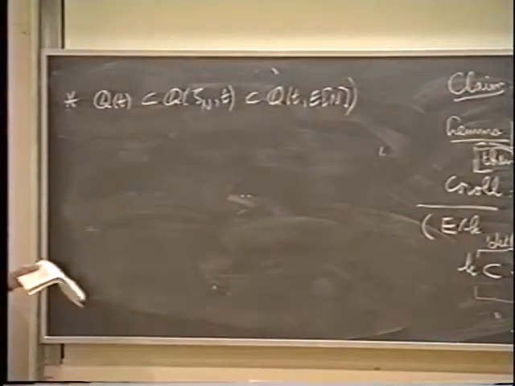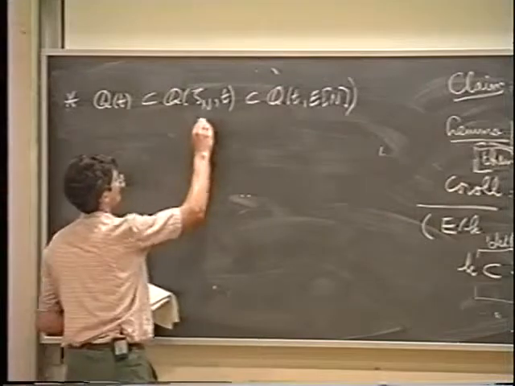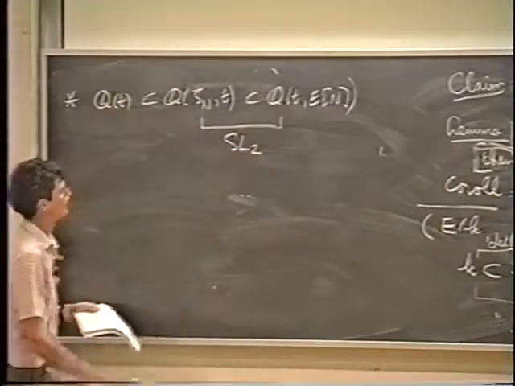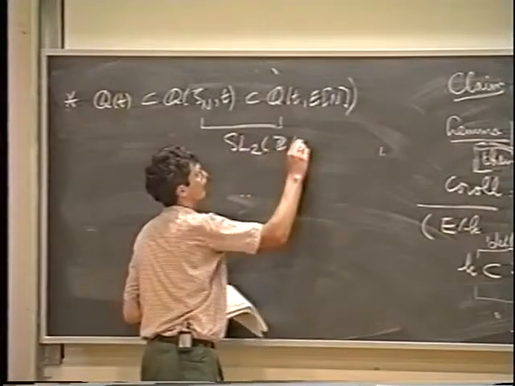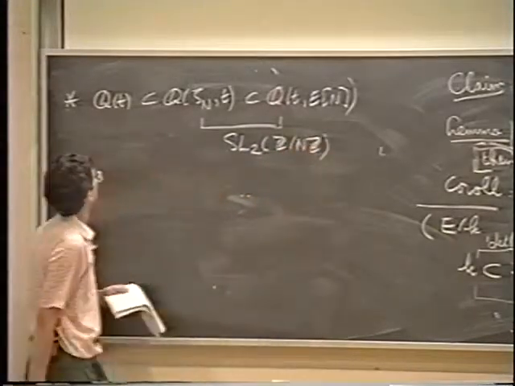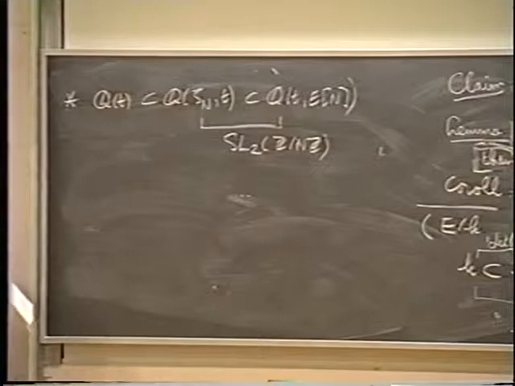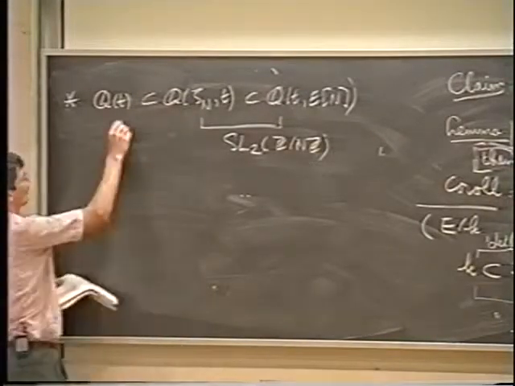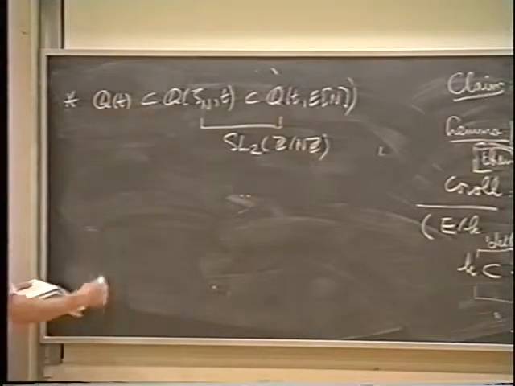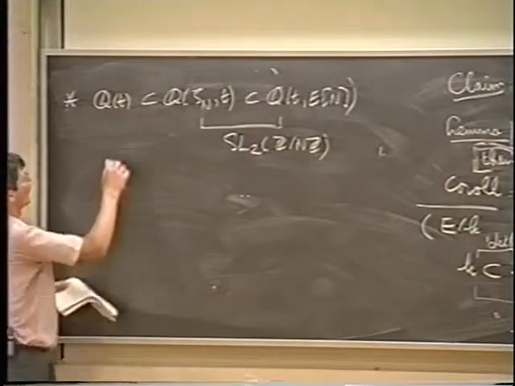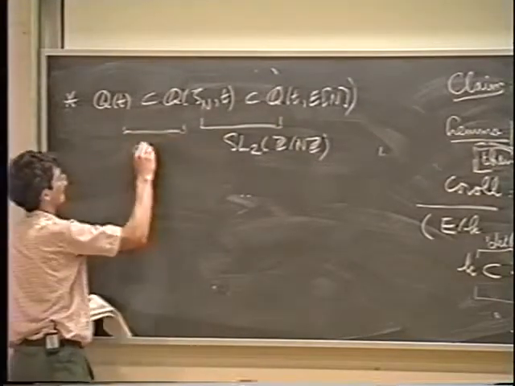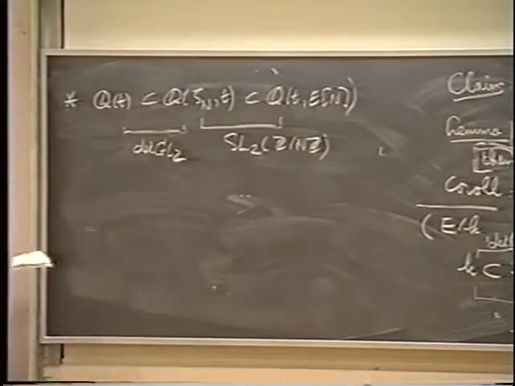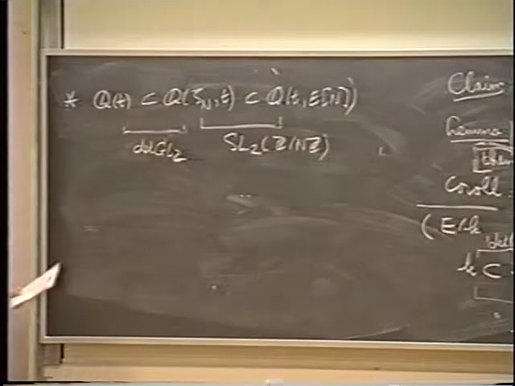And what do we know now? We have seen that this here has as Galois group SL2(Z/n). And this, well, this has the full determinant part when it's adjoining nth roots of unity.